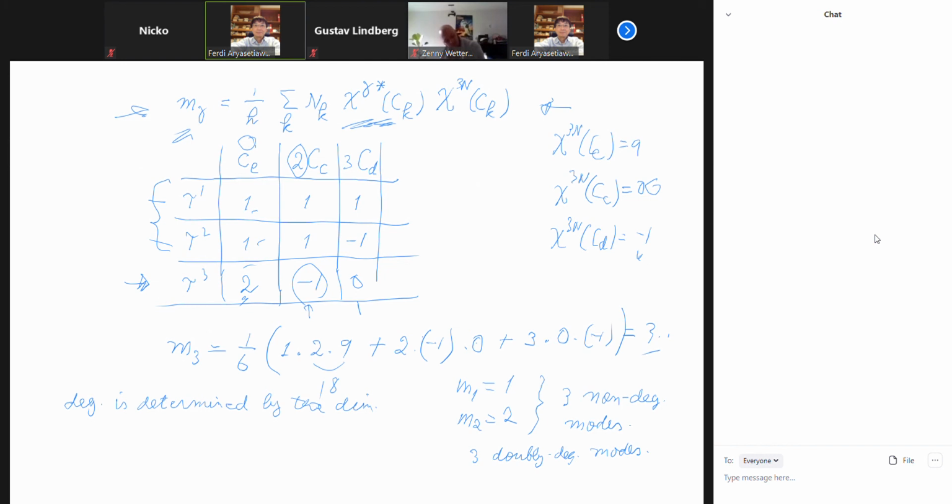But the general feature, in terms of the degeneracy, is just determined by the symmetry. So if I have several different molecules with the same symmetry, then we know how the vibrational modes are split into the different modes and the degeneracies of the modes.